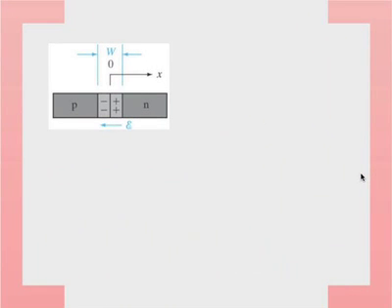And the picture is as follows. So you have a p-type, n-type.